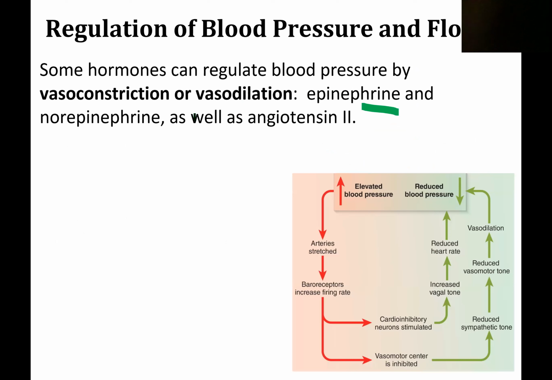Epinephrine and norepinephrine are neurotransmitters used by the sympathetic nervous system to cause vasoconstriction in the skin and blood vessel arteries. It's going to cause vasodilation to the skeletal muscle arteries.